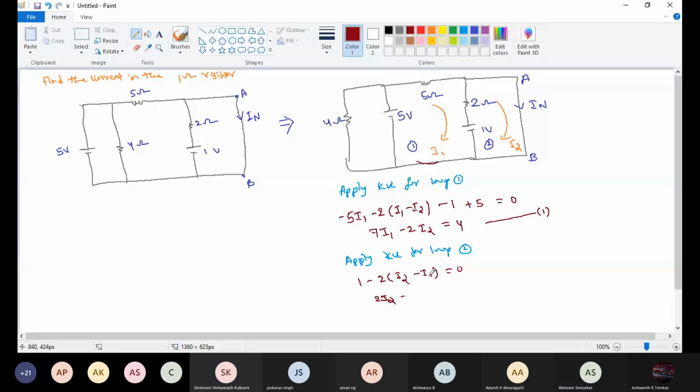Sorry, 2 I1 minus 2 I1... 2 I2 minus I1 equals 1. Yes, I will call this equation 2.